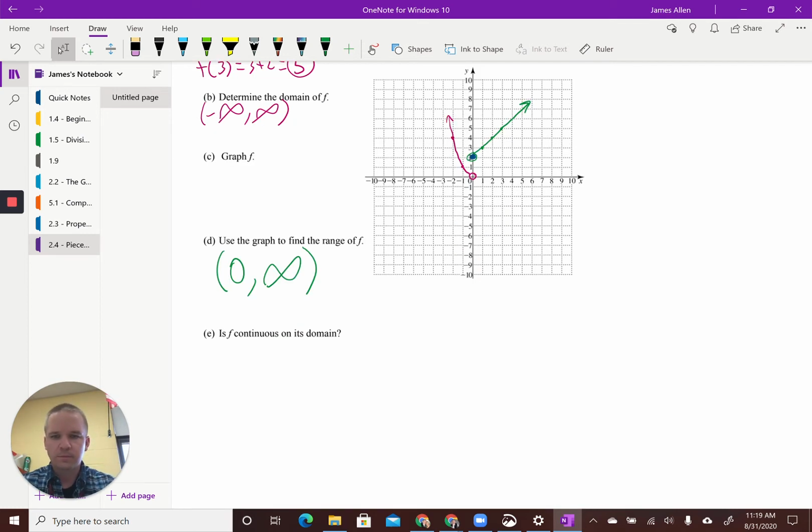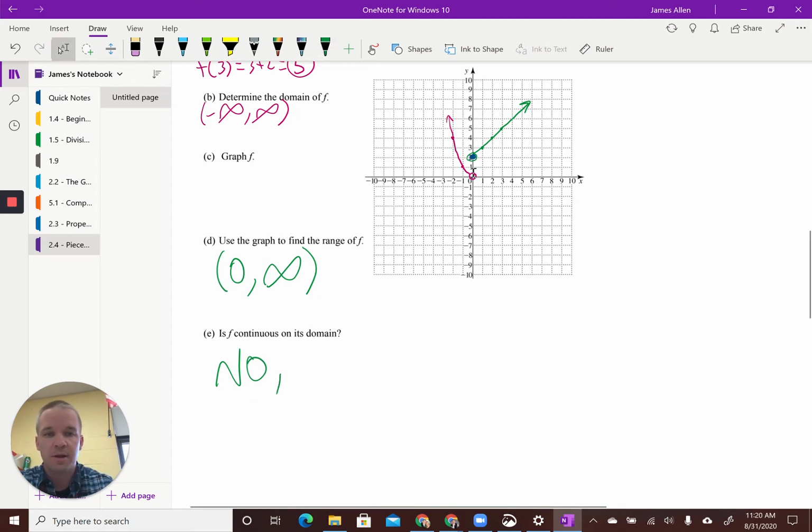Just to reiterate about that comment about the range, about that jump, that is a common misconception, that people think, I've got to take that out of my range. But there's graph going on there. So is f continuous on its domain? That's a good question. In this case, no. We have what's called a jump discontinuity.